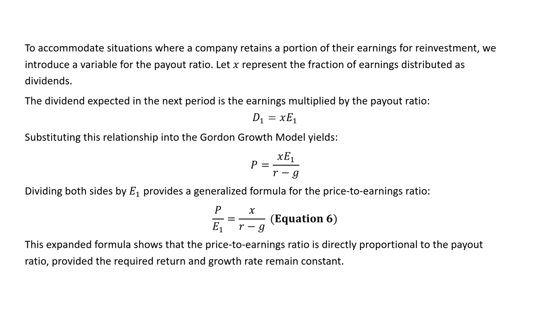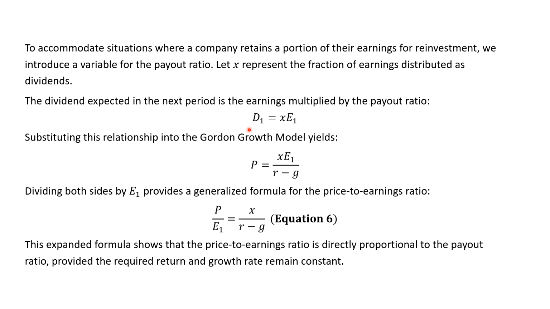To accommodate situations where a company retains a portion of their earnings for reinvestment, which, as I mentioned, is typical, we introduce a variable for the payout ratio. We'll call that X. It's the fraction of earnings distributed as dividends. So we have our dividend is just this fraction, X, times the earnings.